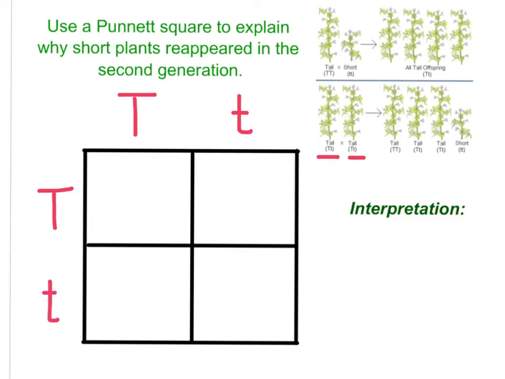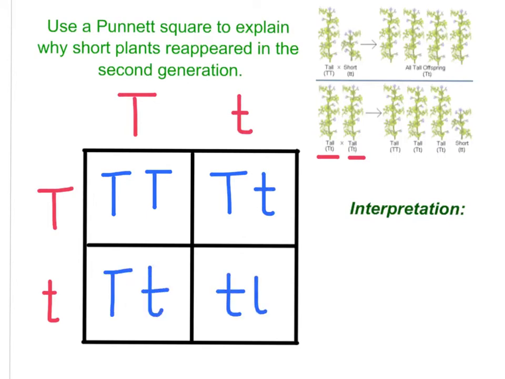Now, let's go ahead and cross these. When I do, I get big T, big T, big T, little t, big T, little t, and little t, little t. Now, let's interpret that. What am I getting here? Right here, one of the offspring is homozygous dominant. Write that down. One is TT.